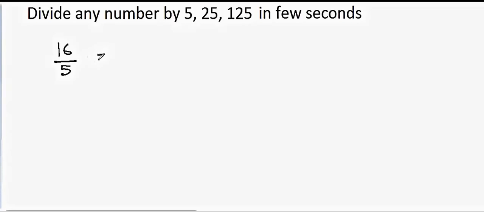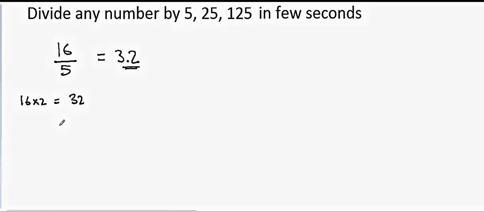However, if you use this trick, the easy way is you just multiply 16 by 2, and that is equal to 32. So I write 32 here, and then I put a decimal after one digit from the right. So that is my answer. What I did is I just doubled the number, and then put a decimal after one digit on the right.